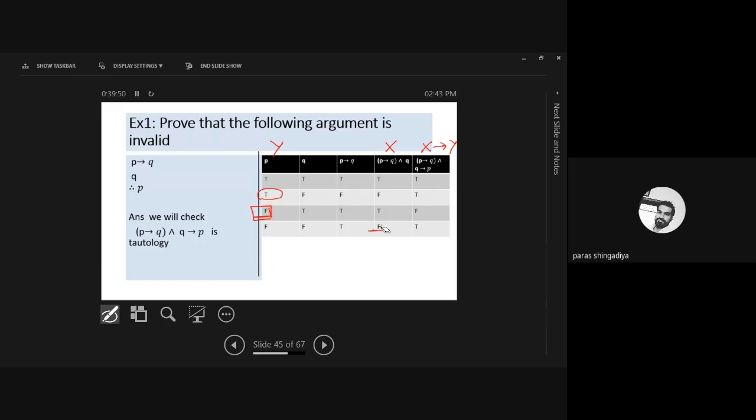So now just check this last column. When we say this argument is a valid argument, this final answer must represent the tautology. सभी जगह पे T होना चाहिए, कहीं एक जगह पे भी F है, then it is not tautology. Clear? So here in this third row it reflects the false answer.